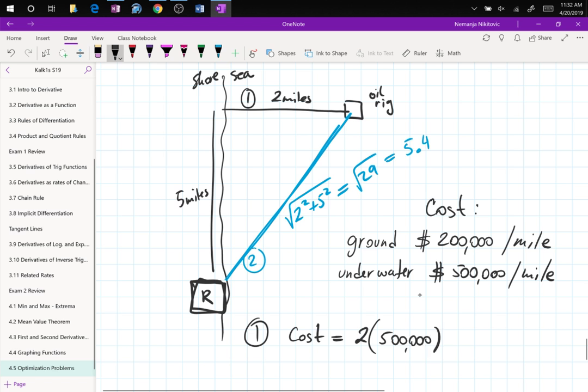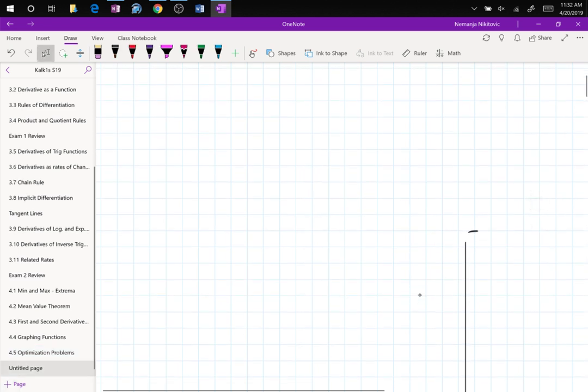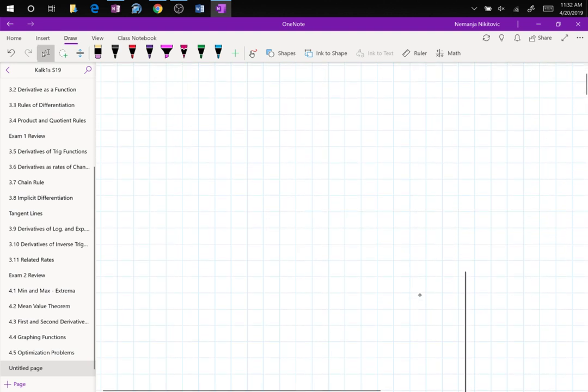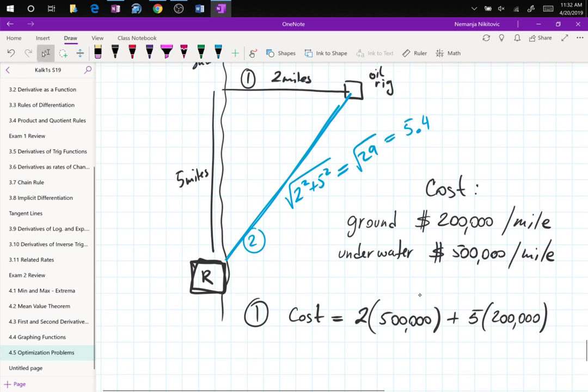So that's going to be 2 times 500,000 plus 5 miles at 200,000, which is going to give us 1,000,000 plus 1,000,000, for the 2,000,000 if we want to use the black route.